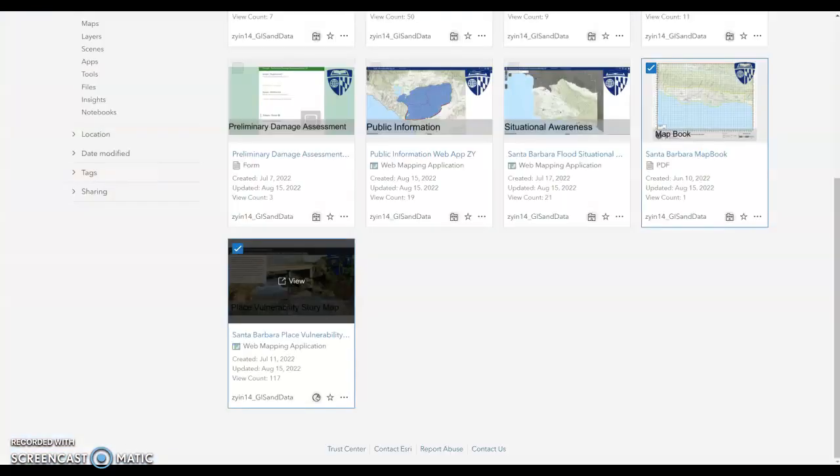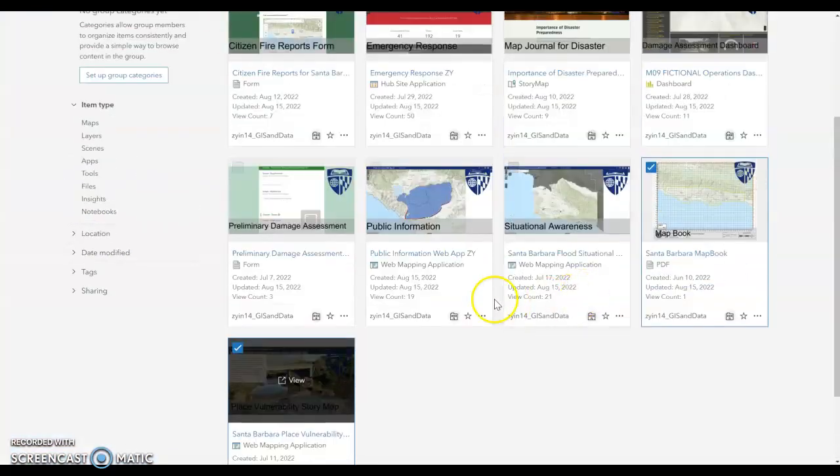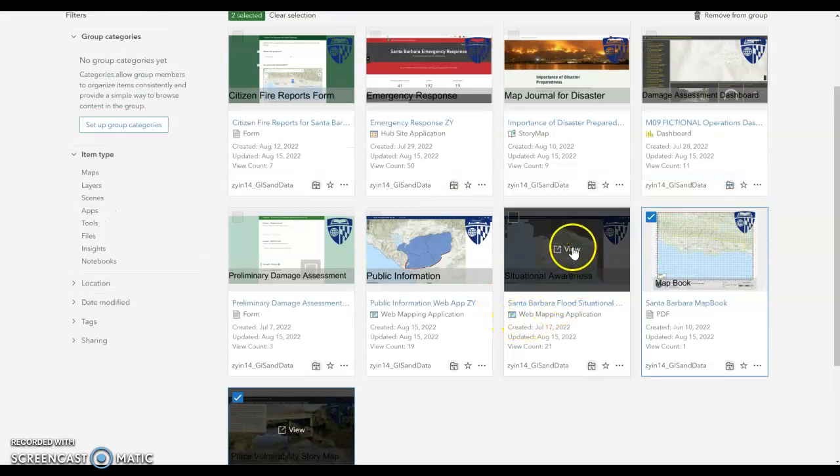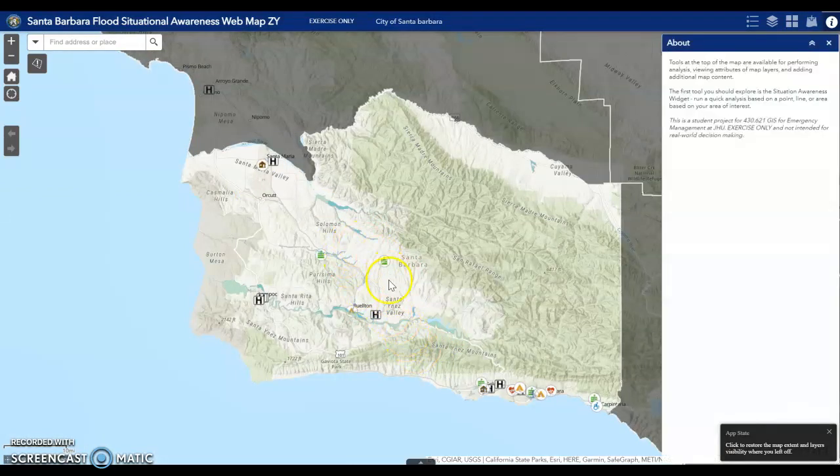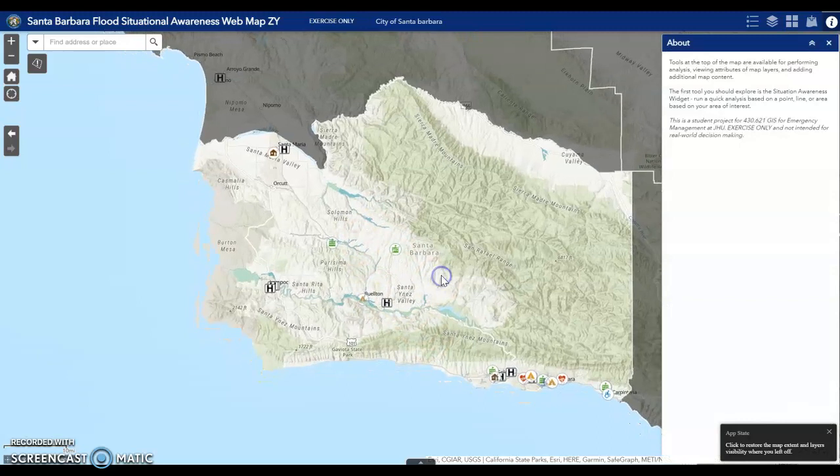And let's go back to see situational awareness. Situational awareness illustrates similar information to the one we just talked about before.